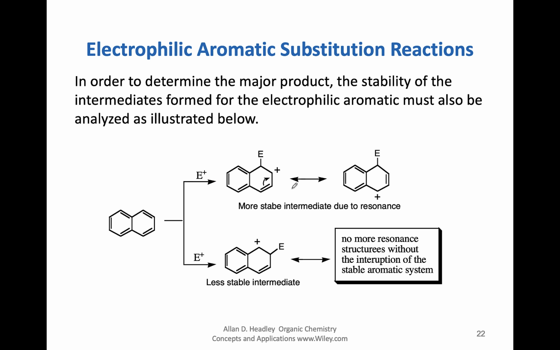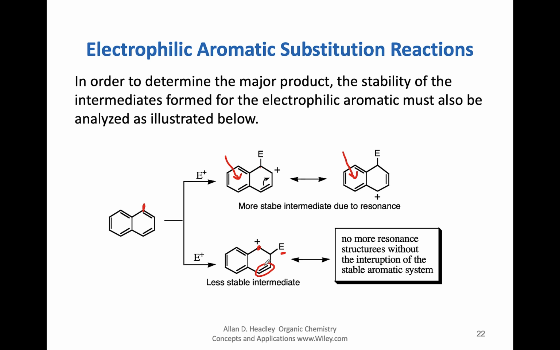We need to analyze the stability of the intermediates that are formed. So let's look at this. If E goes to the alpha position, here's the intermediate. Here we can draw another resonance structure as shown here. So notice this benzene ring here is still intact, so it's pretty stable. If we put the substitution into the beta position, the positive charge goes here.